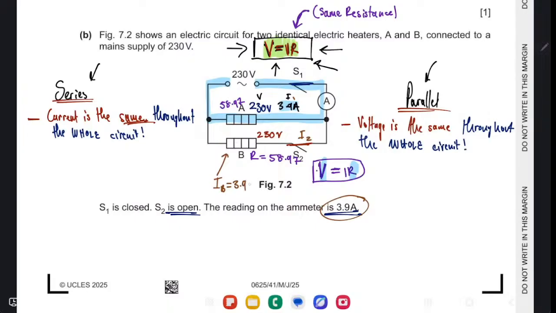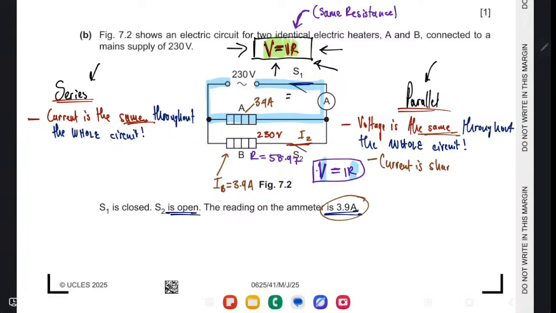Why do they have the same current? Why do they have it split? Voltage is the same in parallel, which means current is shared in parallel.